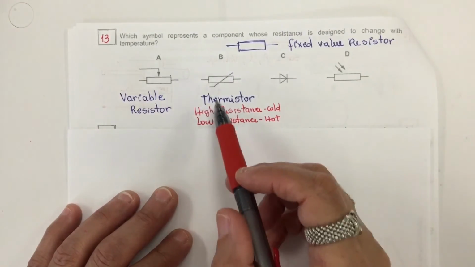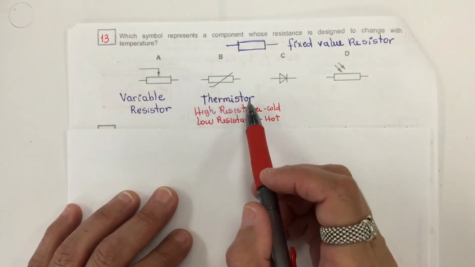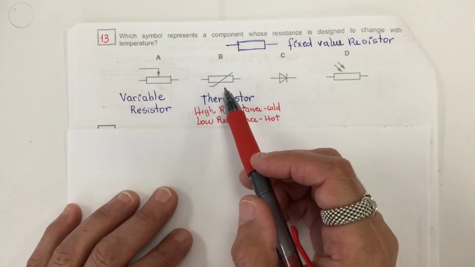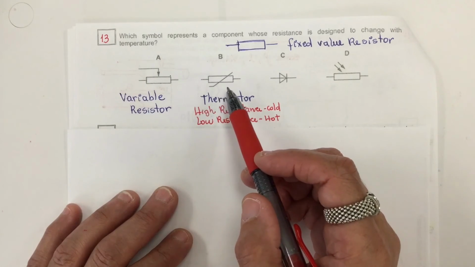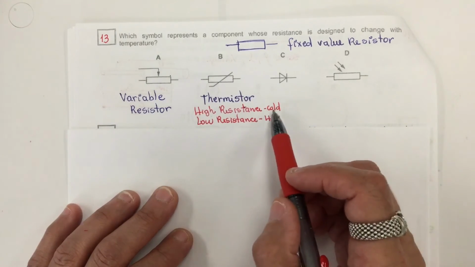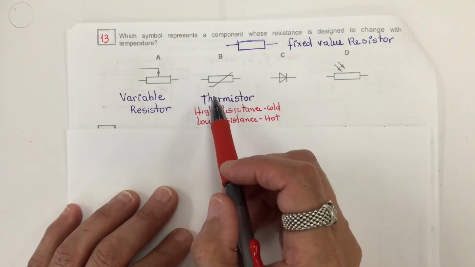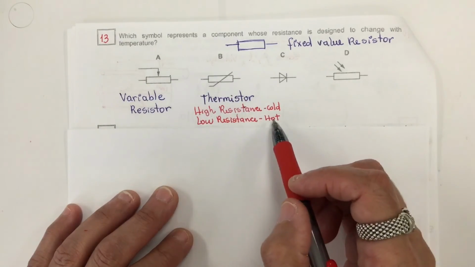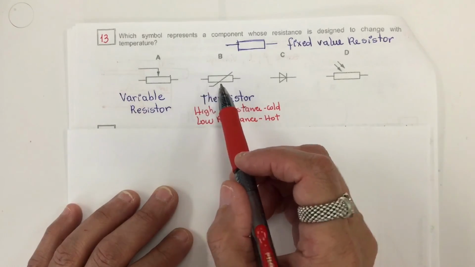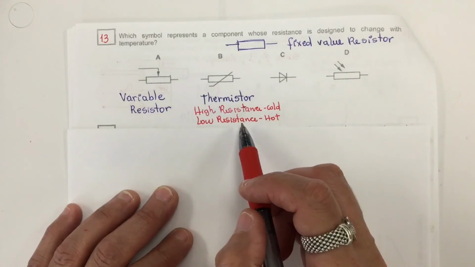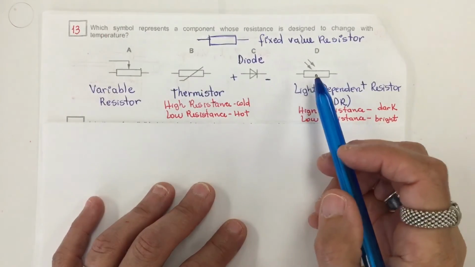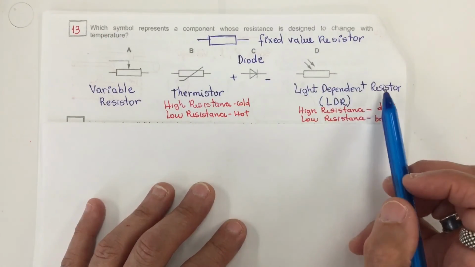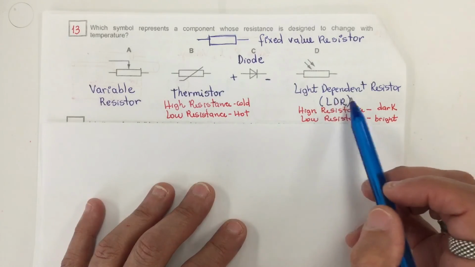The next one is a thermistor. It is a type of resistor that changes its value with the temperature. When it's cold, this thermistor will have a high resistance. And when it's hot, this thermistor will have a low resistance. The last symbol represents a light-dependent resistor, or LDR.